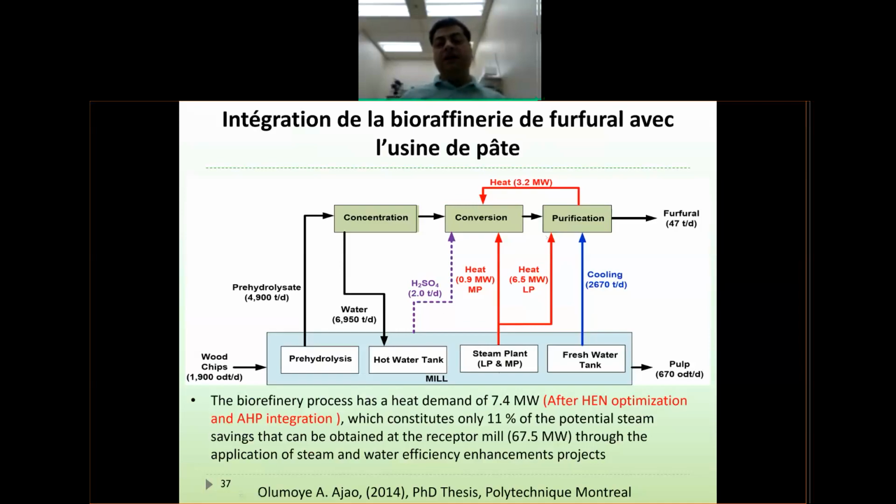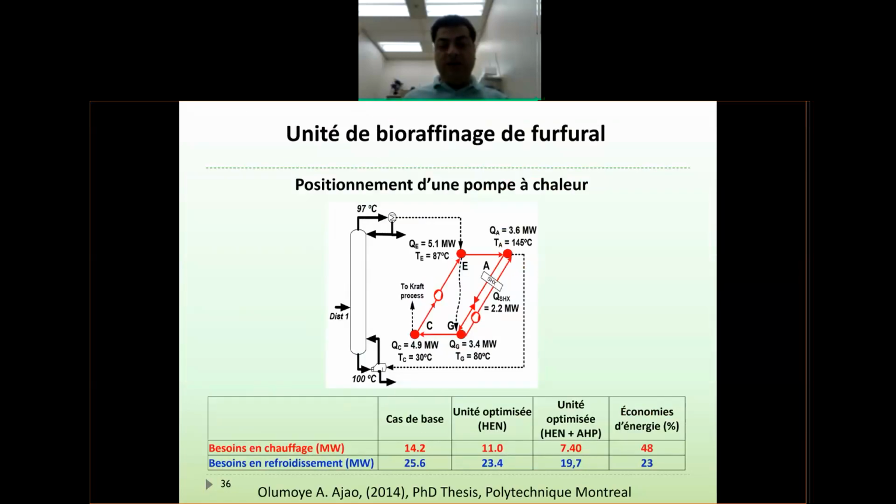It means if you could do a very good process heat integration, as you saw here, the total energy that you require for heating, for this flow sheet, is going to be down from 14 to 7.4 megawatt.